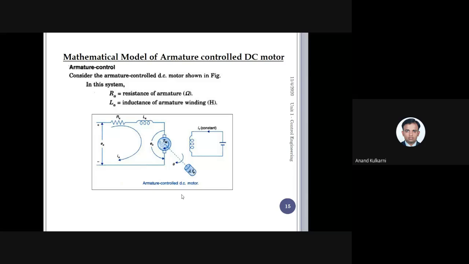Whereas in an AC synchronous motor, a certain modification is done, and because of that you get a synchronous speed, that means a fixed speed. It depends upon the frequency of the power supply.